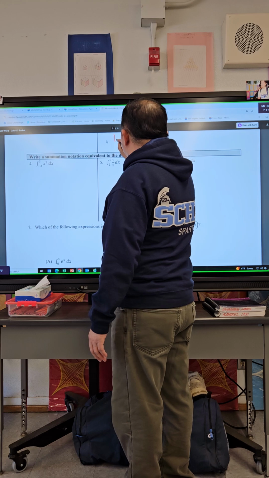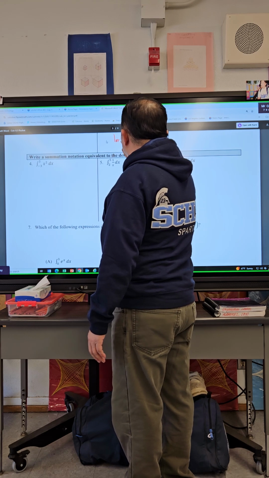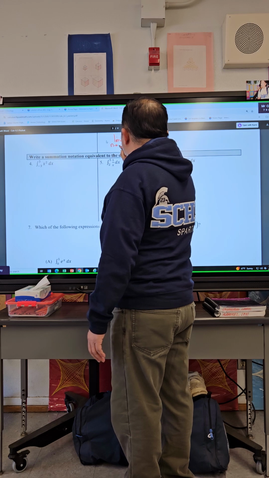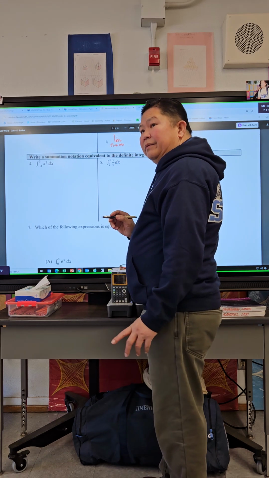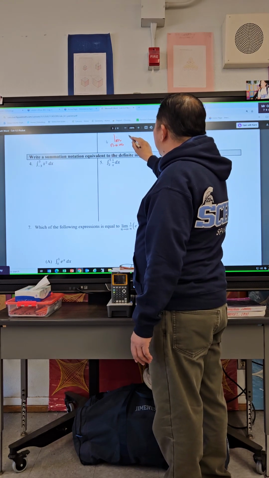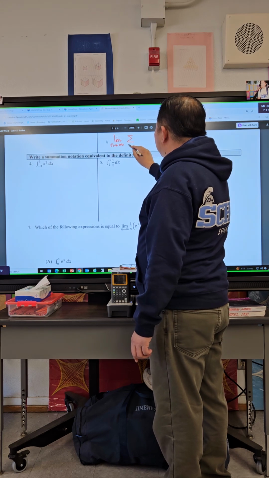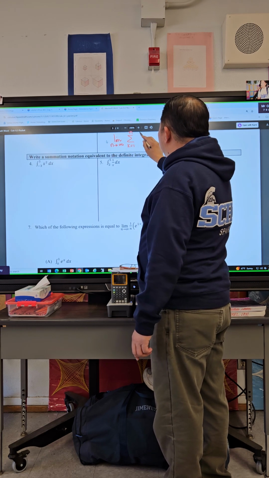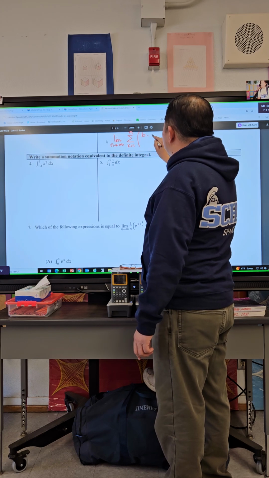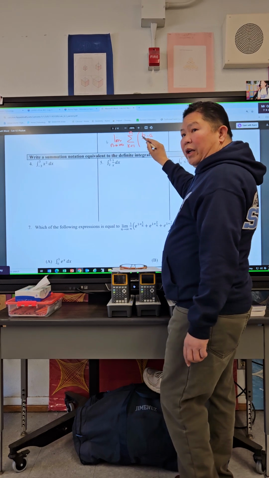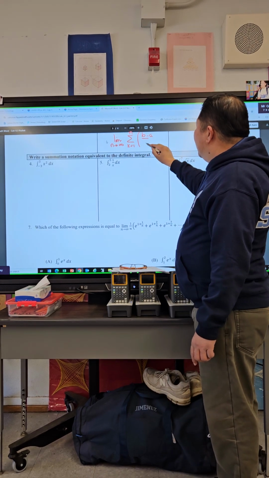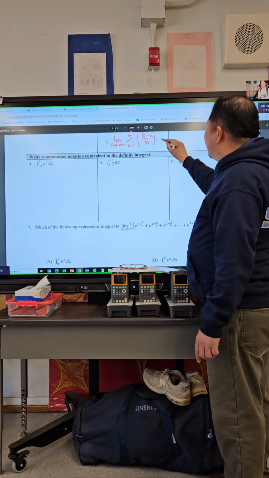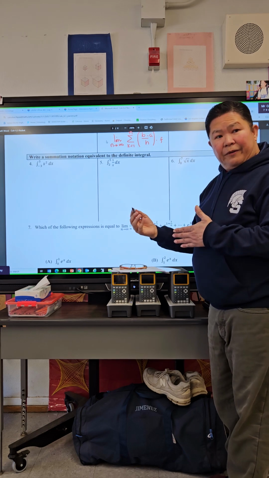We have the limit of the function as n approaches infinity, right? And then we have the summation from k equals 1 to n, and then we have b minus a, meaning the upper limit minus the lower limit, over n. Okay, and then times the function itself, the f of x.